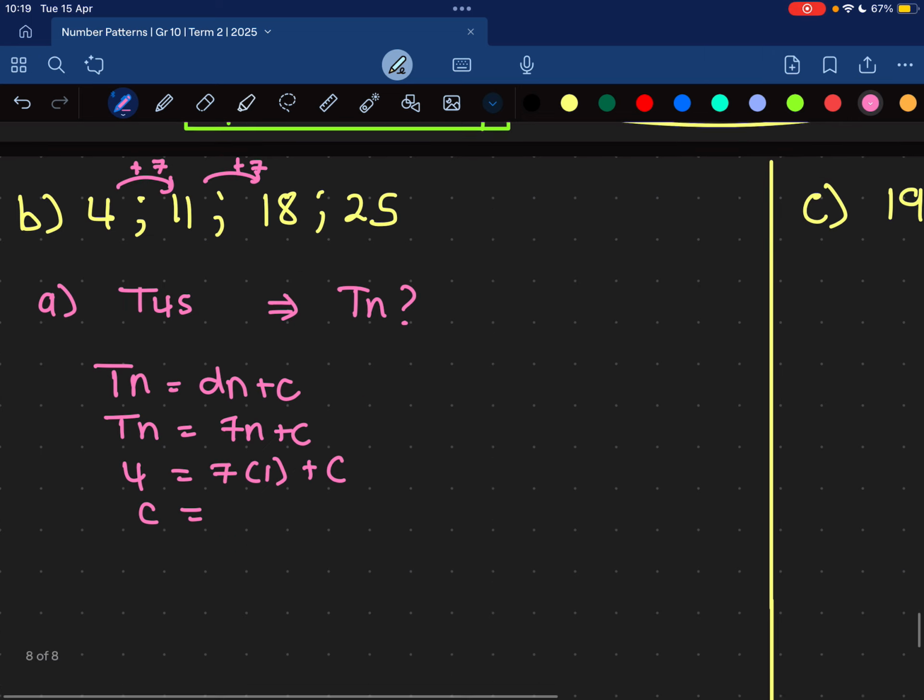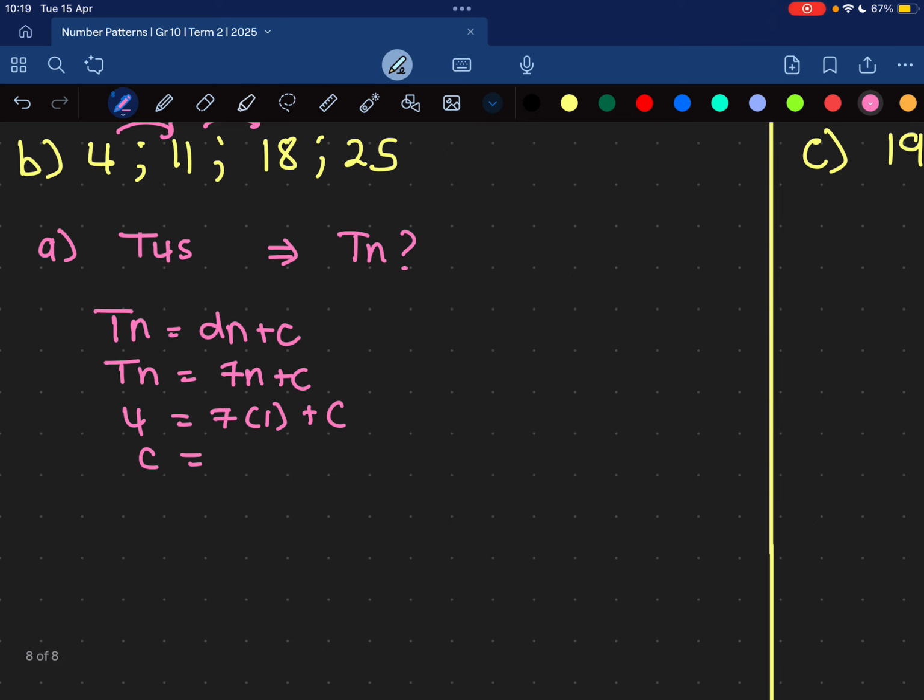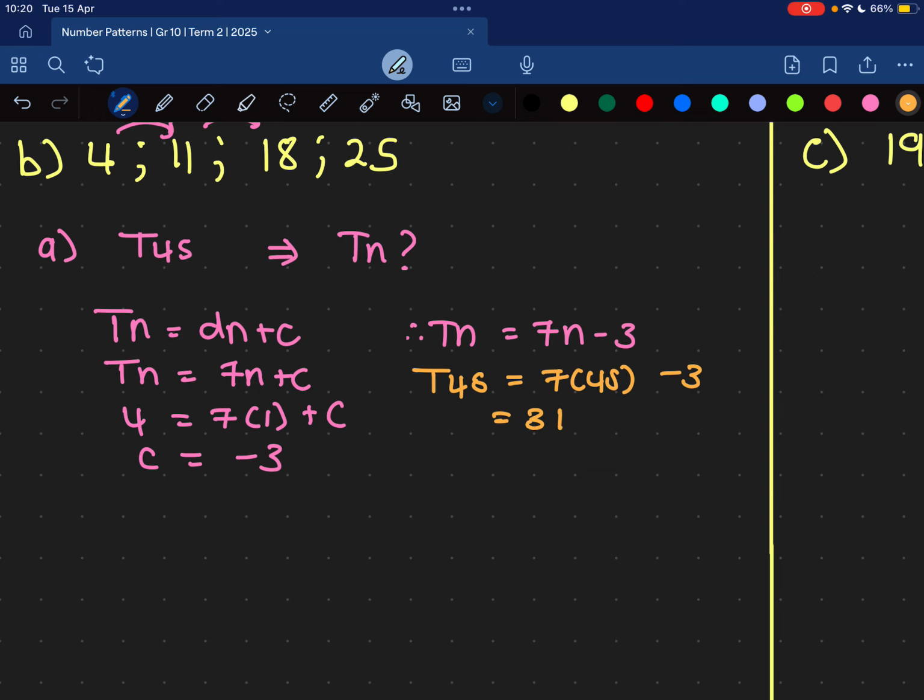So c is going to be equal to negative 3. So therefore Tn is equal to 7n minus 3. And now you can find T45. So you say T45 is equal to 7 times 45 minus 3, which is just 312.